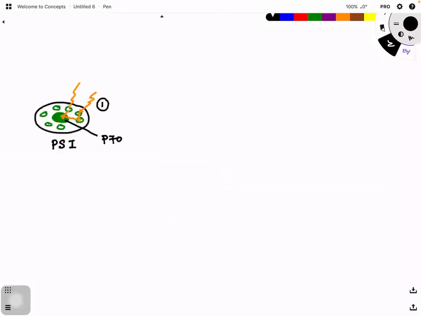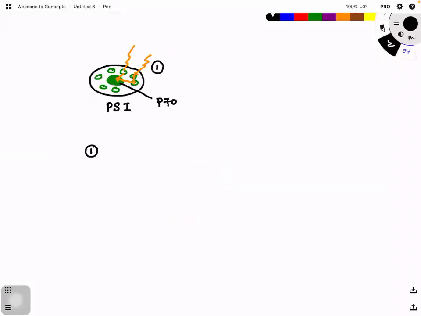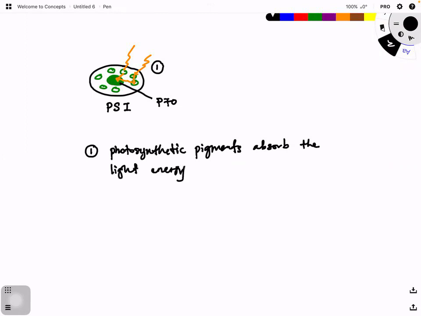Photosynthetic pigments, or chlorophyll, absorb the light energy and pass this energy to the primary pigment at the reaction center, P700.